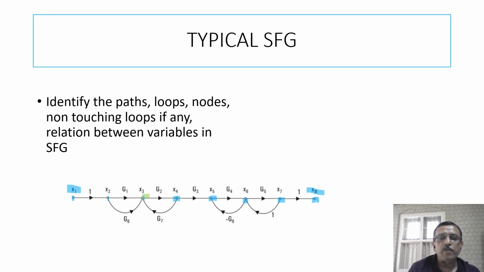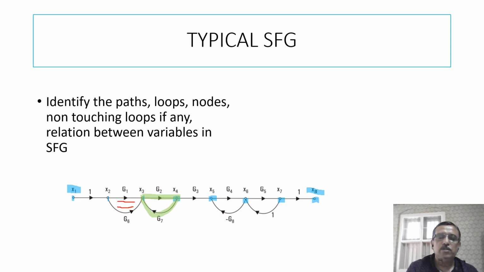This is a loop. Why? Because it starts from x3, goes to x4. So this is a loop. What about this? Is this a loop? G1? Because G6, you see the arrow in G6 is in this direction. So G1, G6 is not a loop.